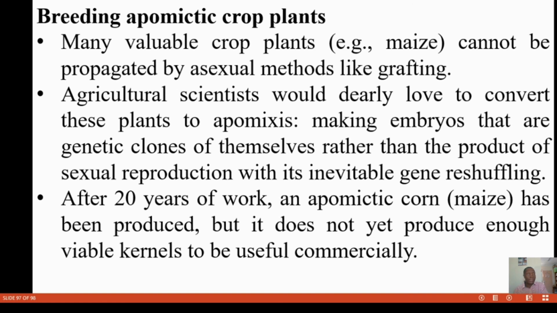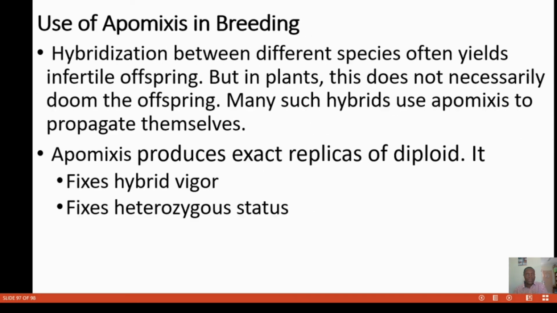So to conclude, plant breeders have been interested in the apomixis, and there is some perceived use of apomixis in breeding.